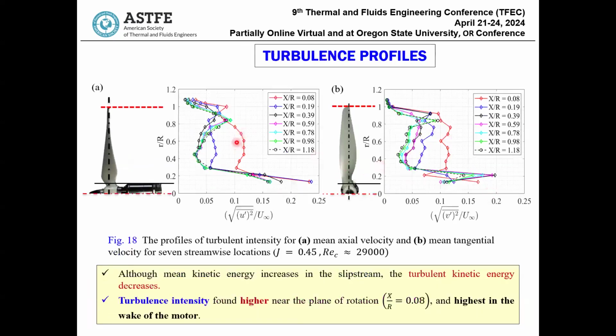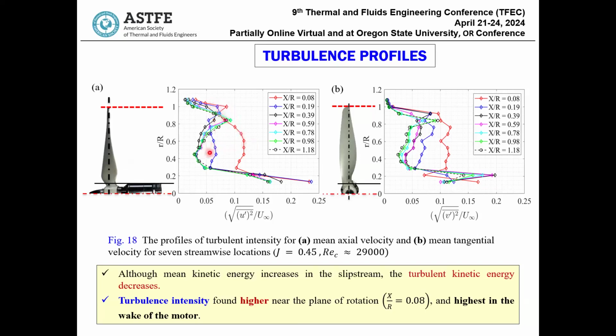Now coming to the turbulence profile, you have already seen that mean kinetic energy is increasing, but here turbulence kinetic energy is decreasing, and turbulent intensity is very exclusively focused on the tip vortex.